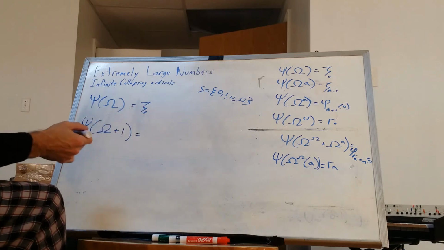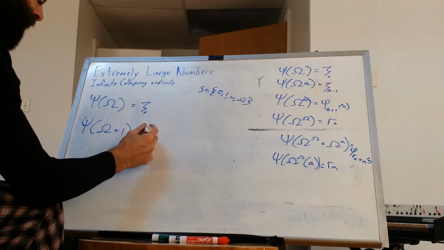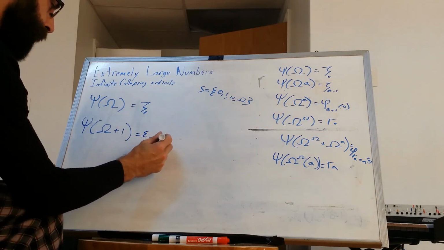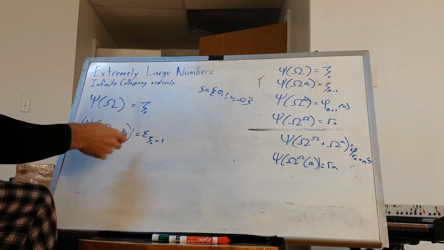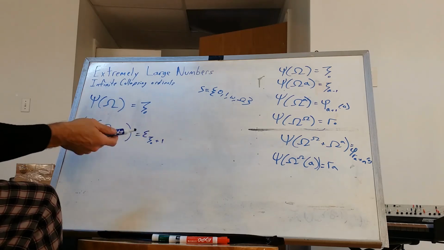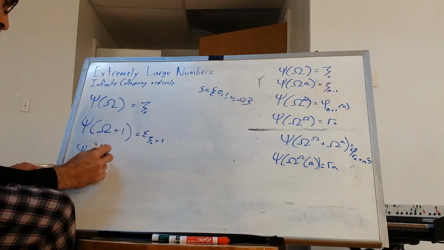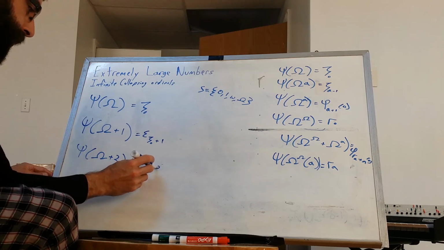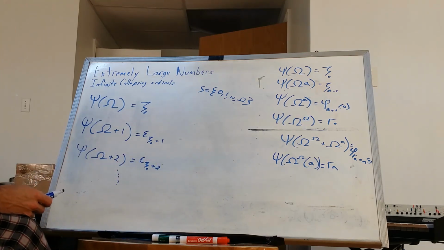Now this is going to be epsilon sub zeta naught plus 1, or the smallest epsilon ordinal after zeta naught. And then we can continue on. Psi of capital omega plus 2 is going to equal epsilon sub zeta naught plus 2, and so on. This is going to keep going, but this function is going to get stuck again.